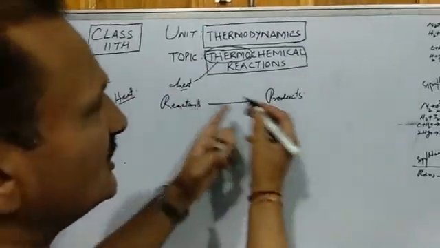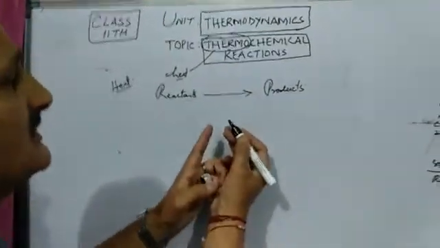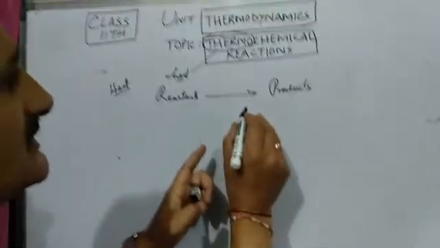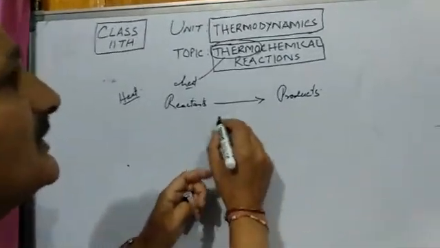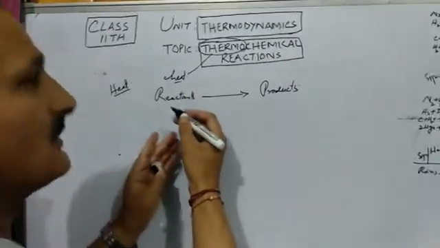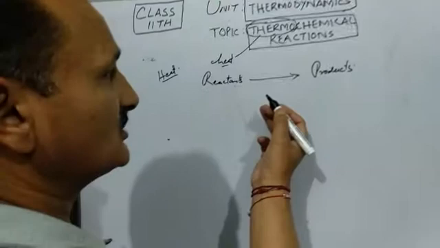That change in heat can be positive as well as negative. That means this reaction may take place accompanied by addition of energy, meaning absorption of energy, or vice versa, that means evolution of energy.